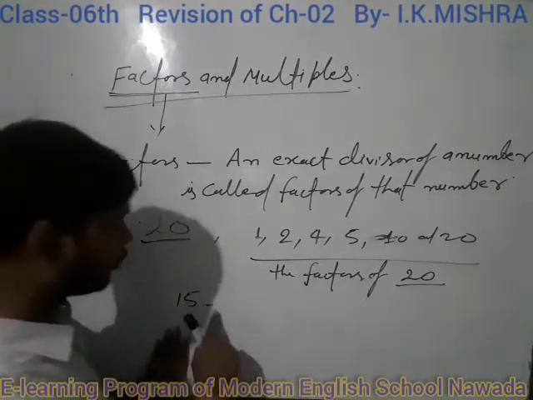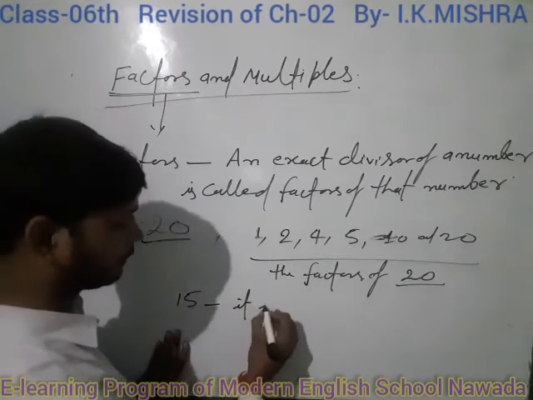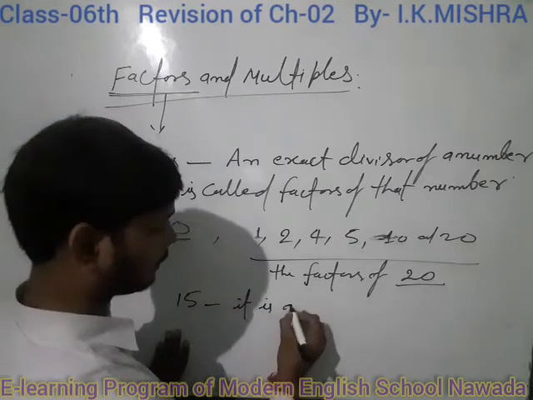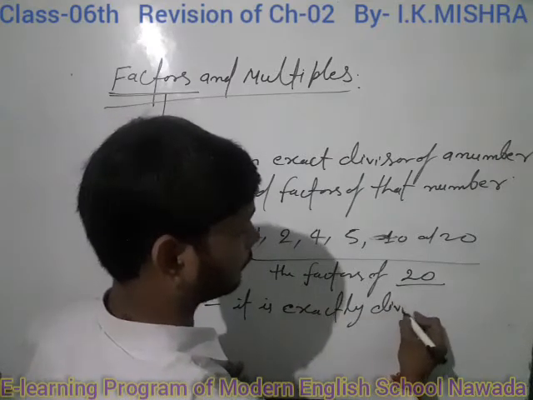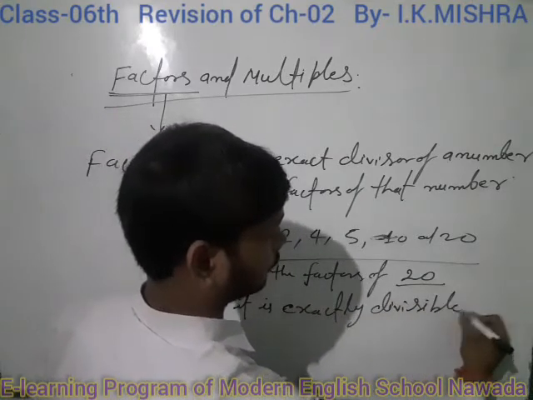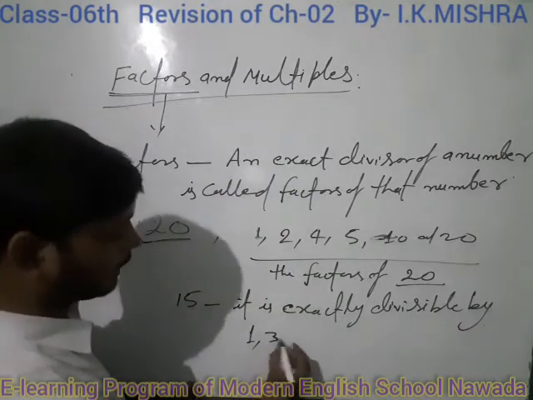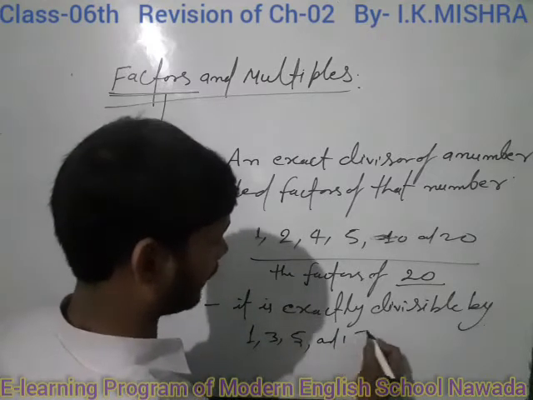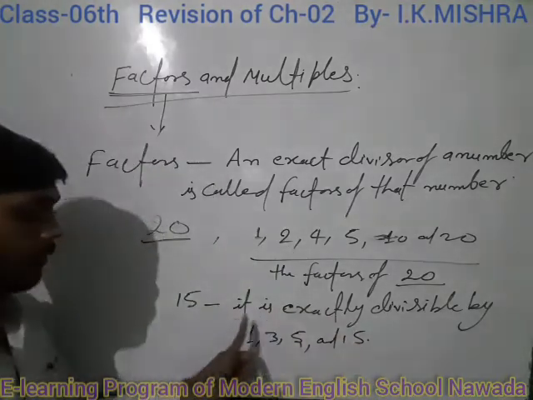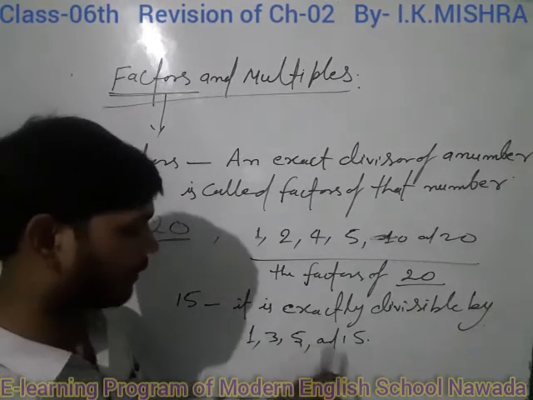Now suppose I write 15, and you know 15 is exactly divisible by 1, 3, 5 and 15. Students, 15 is exactly divisible by 1, 3, 5 and 15.